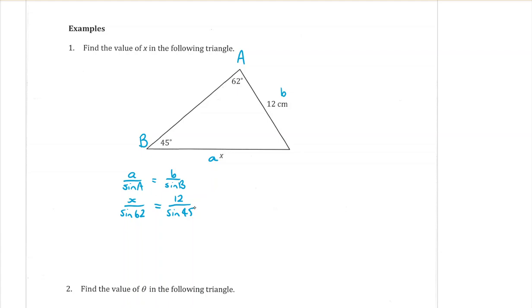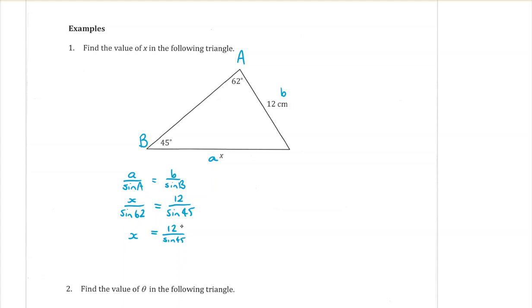So to get the x by itself, you're going to times the denominator, which is sine 62, across to the other side. There's two places that you can write that, and it doesn't matter which one you use, but you need to be aware of both of them, because sometimes in multiple choice questions, they'll put it in different places.